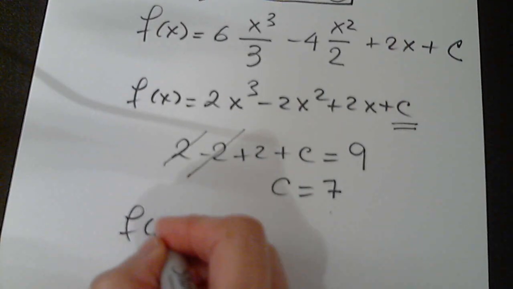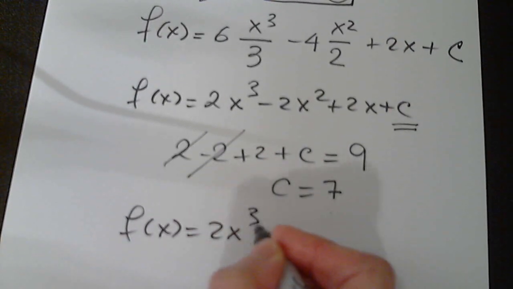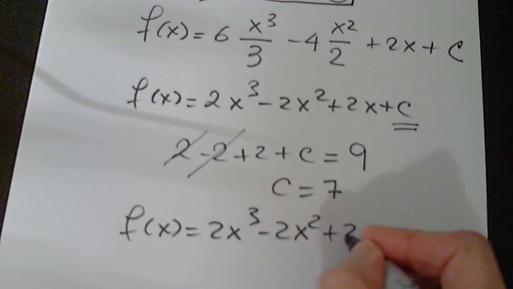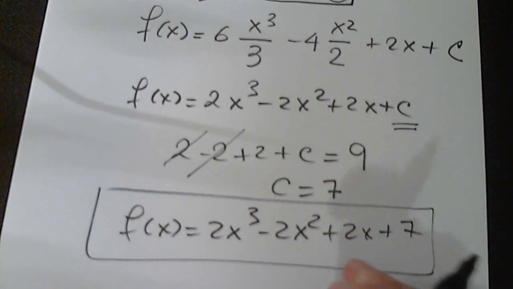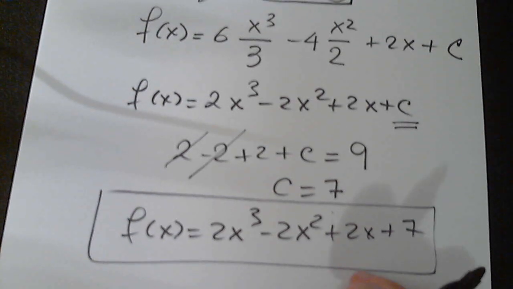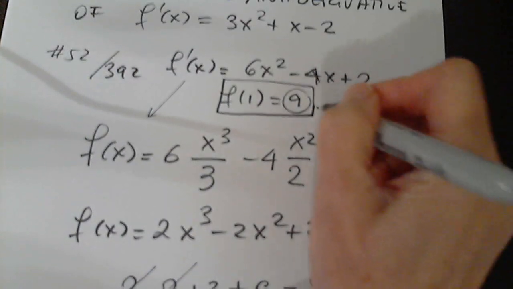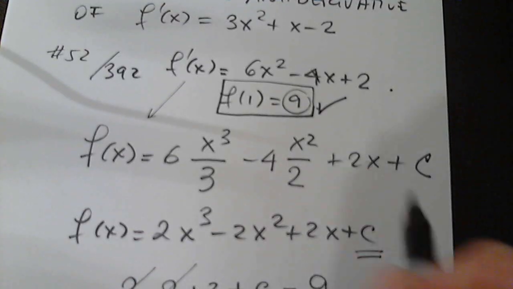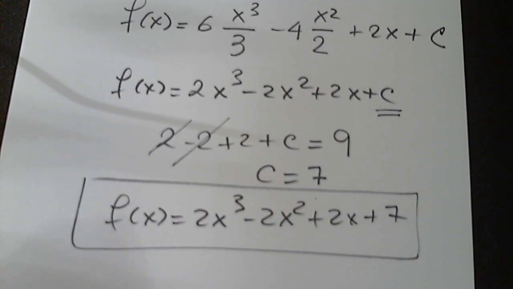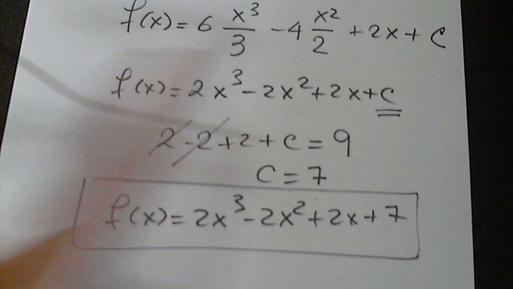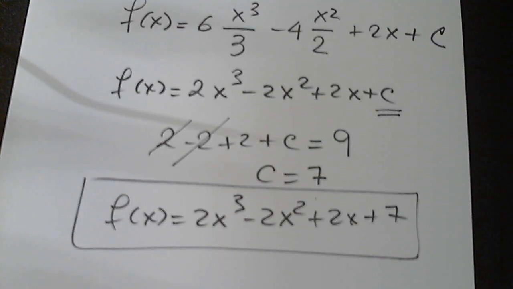Which function? This one. This is the only function whose derivative is this, and also fulfills the given condition that f of 1 is 9. So we were specified the condition to help us find c, the constant c.